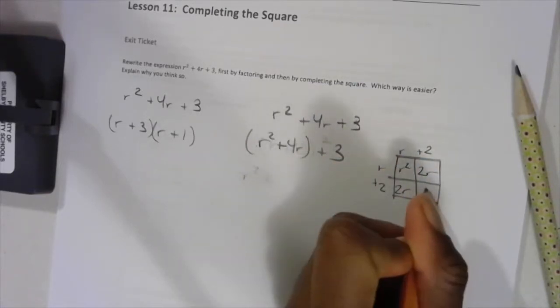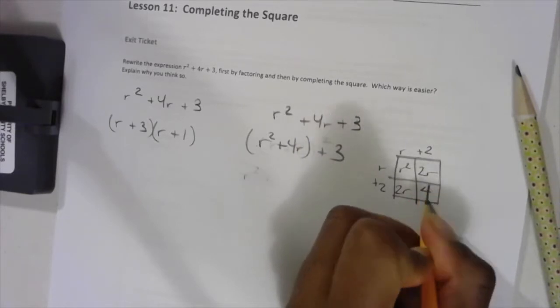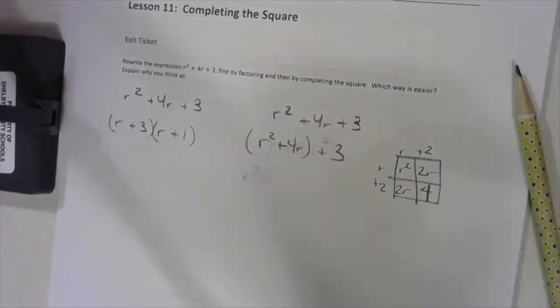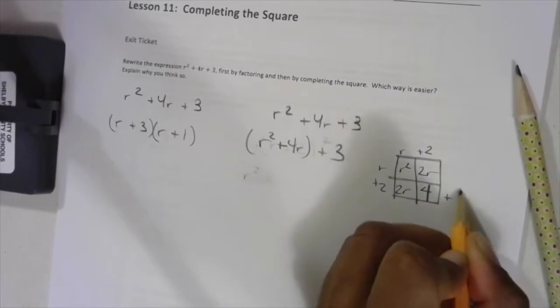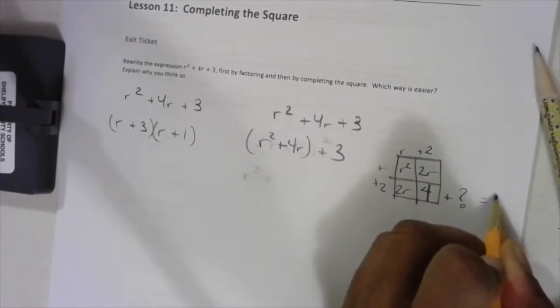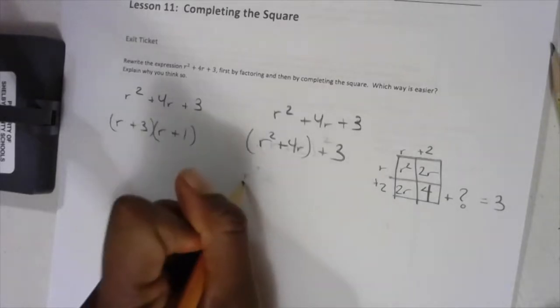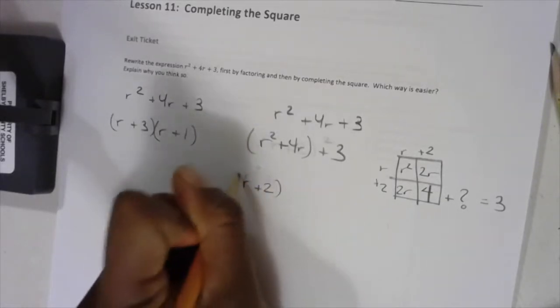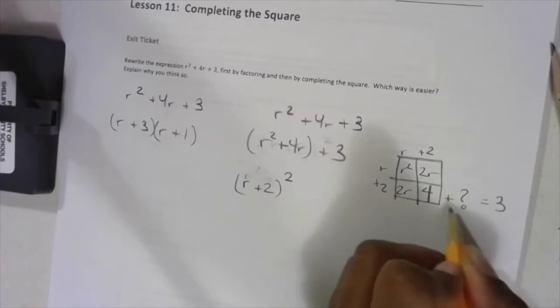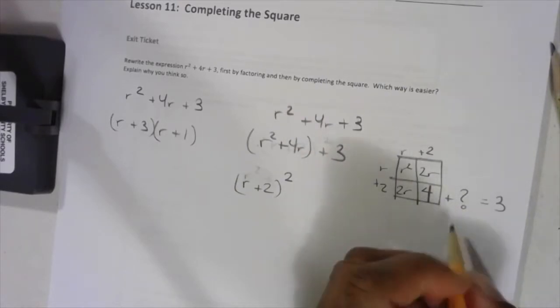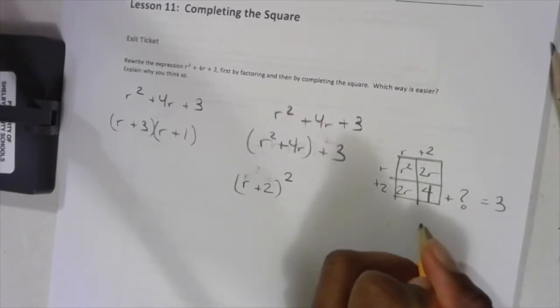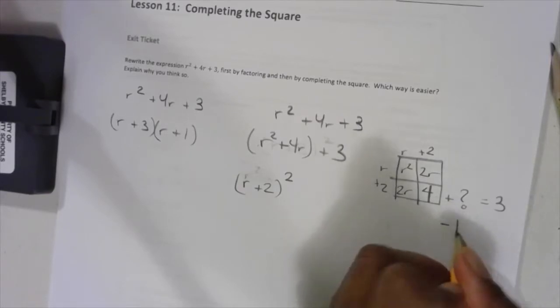No, that's not right. Oh, yeah. Plus 4. Alright. So, what would give me 3? And so, that'll have to be R plus 2 squared. And I want to think about what number would give me 3. So, that would be minus 1.